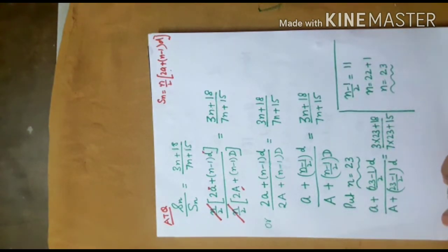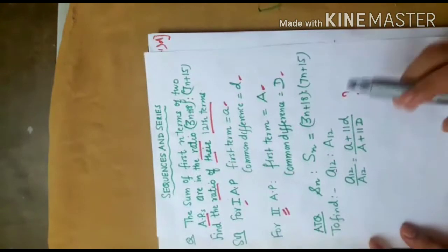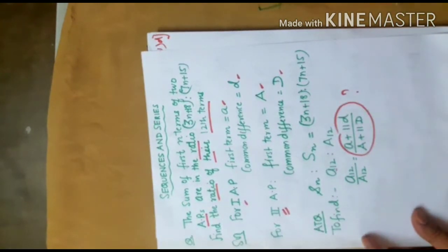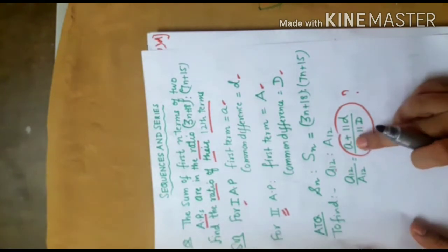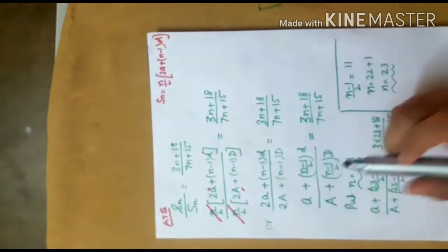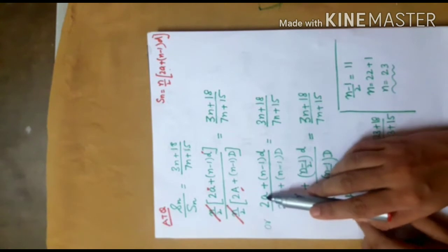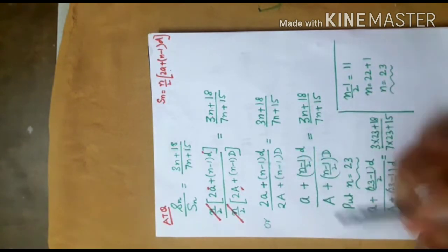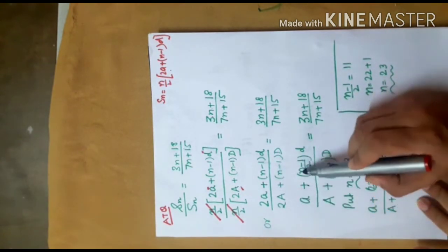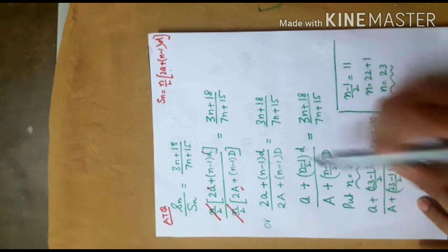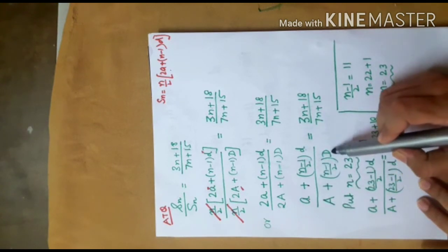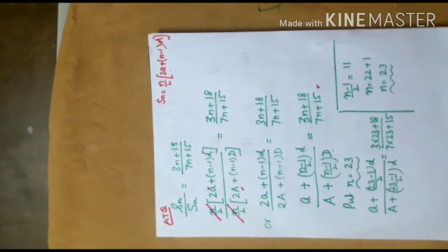Now look here. I need to find the value of this. Here I want a, but I have 2a here. So what do I do? Divide numerator and denominator by 2. So I'll get a plus n minus 1 over 2 into d, divided by capital A plus n minus 1 over 2 into capital D, equals this.